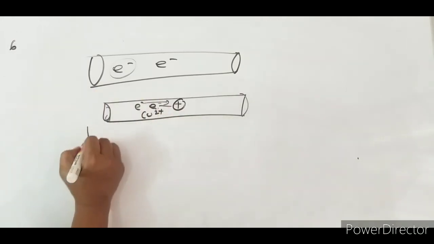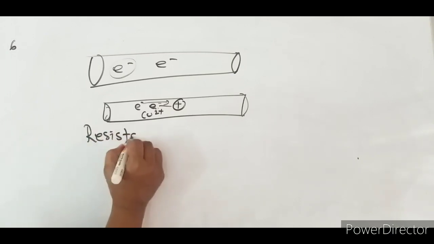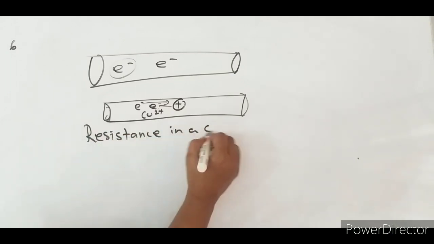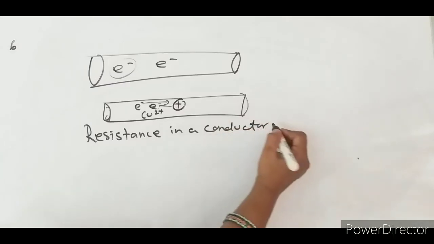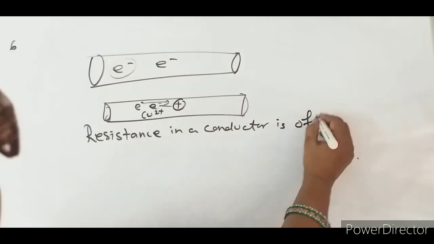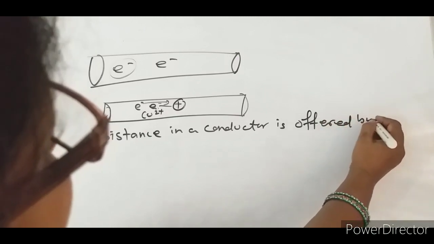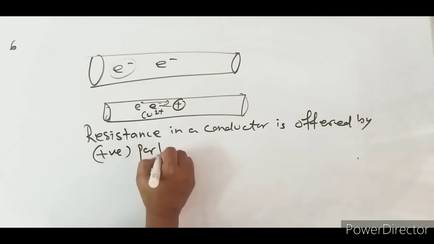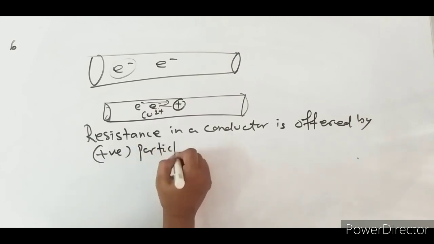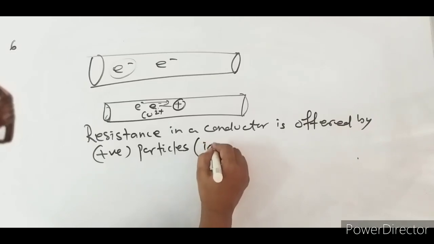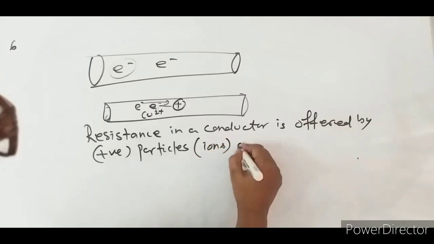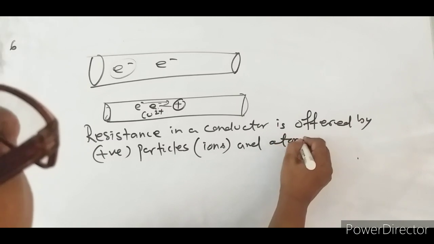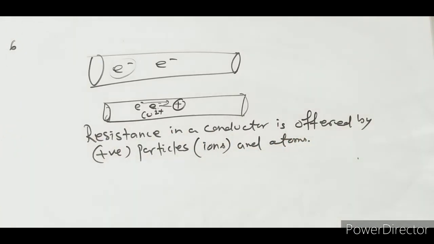Resistance in a conductor is offered by positive particles, which can be positive ions and atoms, because not all atoms become ions by losing electrons; many will remain in atomic form.